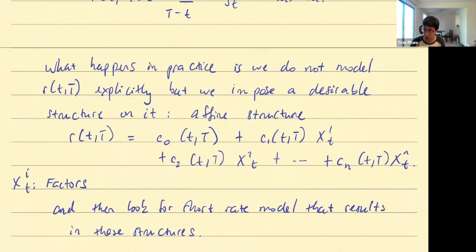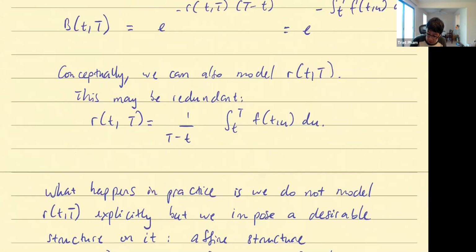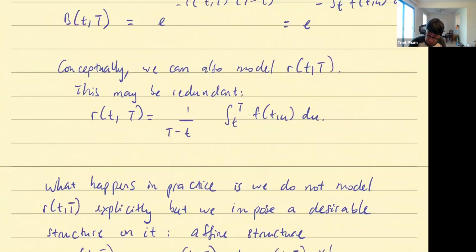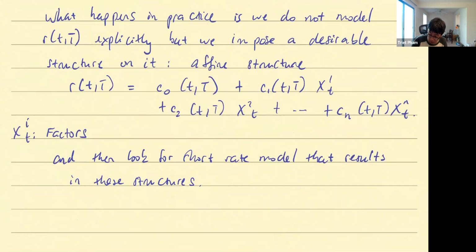Let me stop there and say that these popular names I mentioned will turn out to be factor models. I believe the Vasicek is a one-factor model. Can Vasicek be a multi-factor model? I forgot, but let me just say that the Vasicek and CIR are affine factor models.